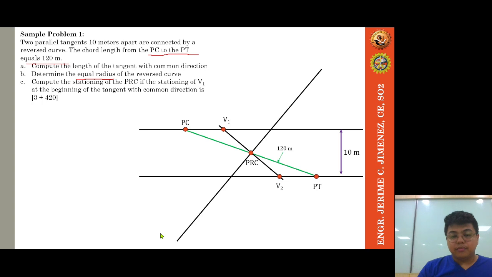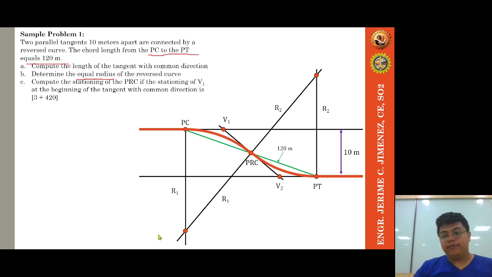Let's complete the elements of the reverse curve. Lagay natin yung radius. Lagay din natin yung radius. Center, center. And let's draw the reverse curvature. I hope nasundan yung pagpa-plot, no? Or kung paano natin i-dissect yung mismong problems natin.